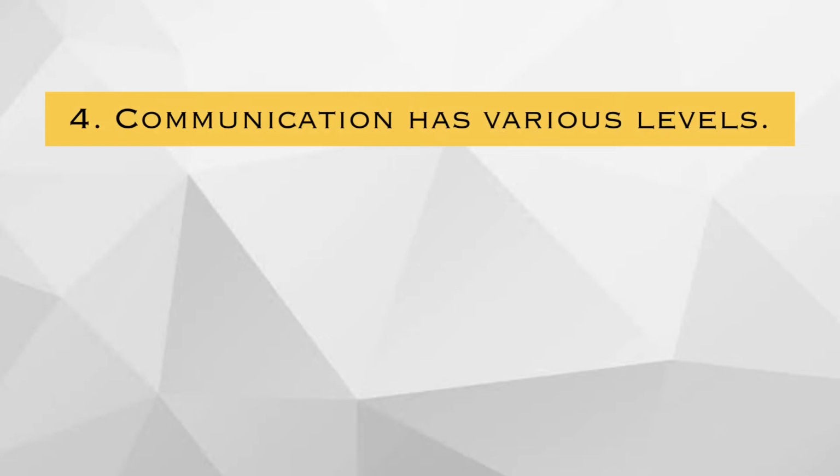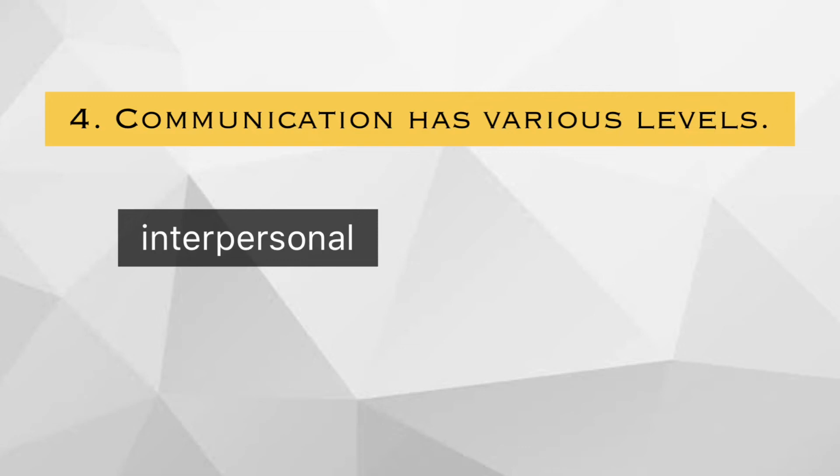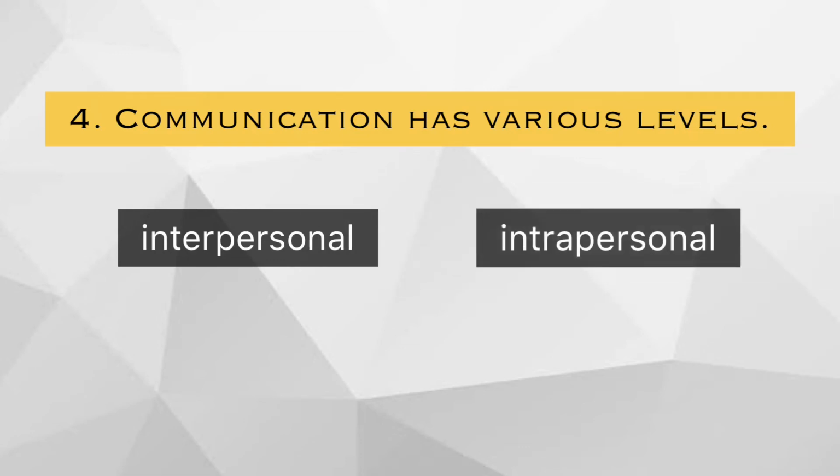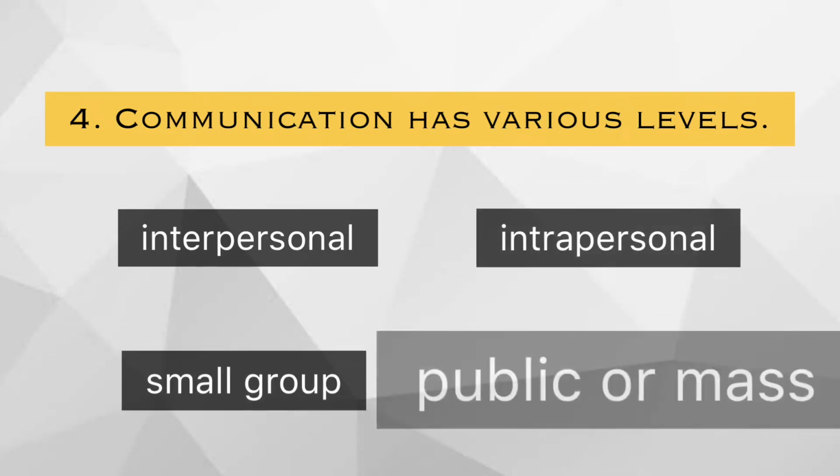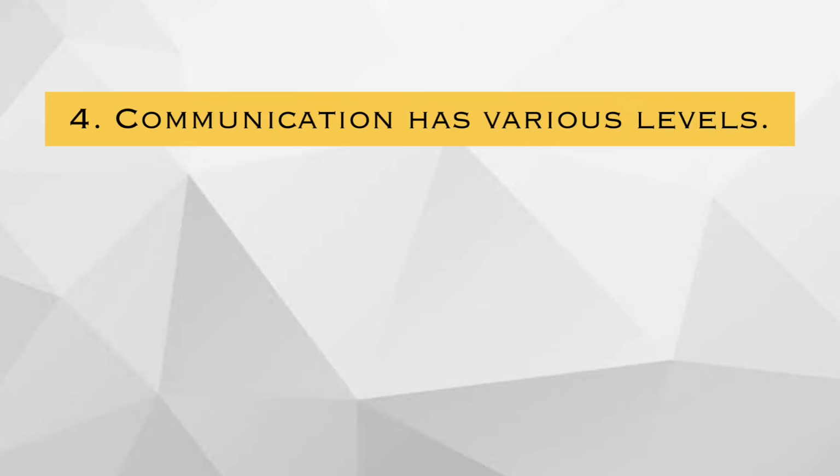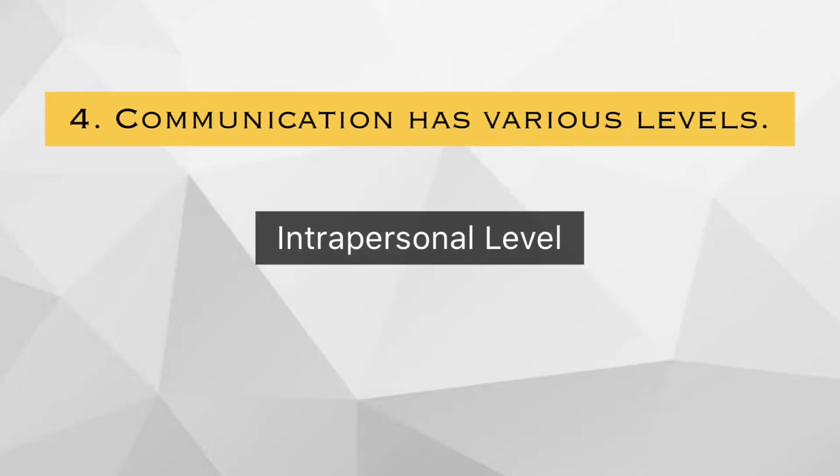Next, communication has various levels. We have interpersonal, intrapersonal, small group, and public or mass. Let's talk about the intrapersonal level first. It refers to the communication that occurs when you do self-talk.